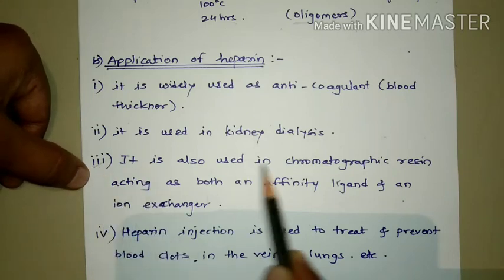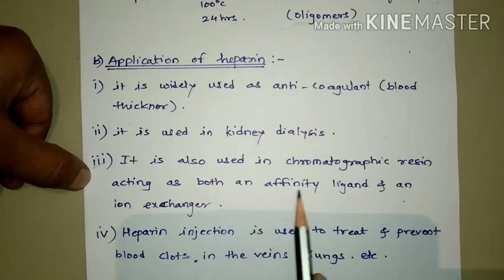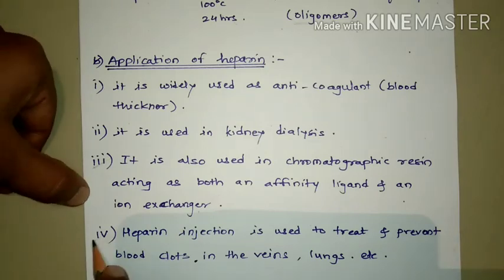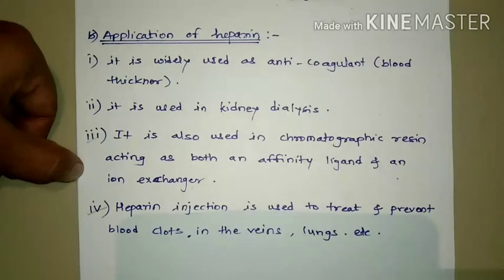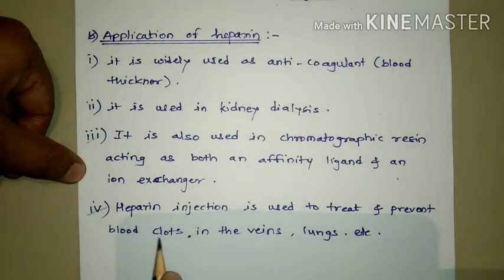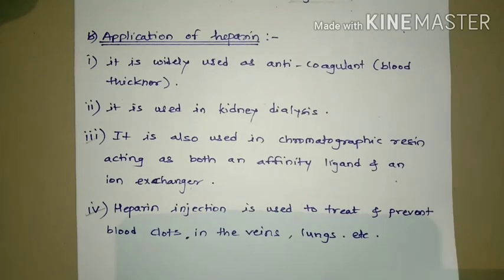Third, it is also used in chromatographic resin, acting as both affinity ligand and ion exchanger, as we know from the chromatography practical. Fourth, heparin injection is used to treat and prevent blood clots in the veins and lungs also. So this is all about heparin.